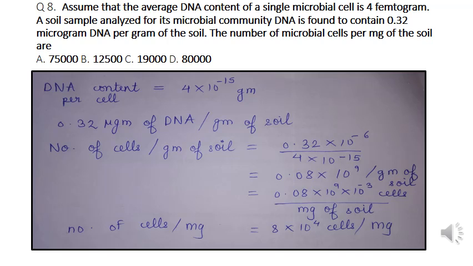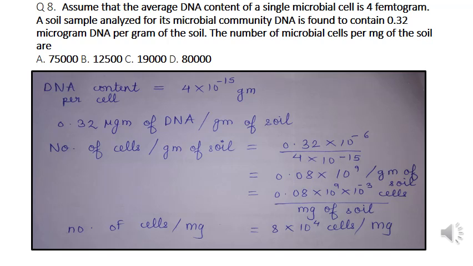So once you divide 0.32 into 10 raised to minus 6 grams of DNA content which is present in the soil divided by the DNA content of the cell, which is 4 into 10 raised to minus 15, which will give you 0.08 into 10 raised to 9, 10 raised to 9 cells per gram of the soil.